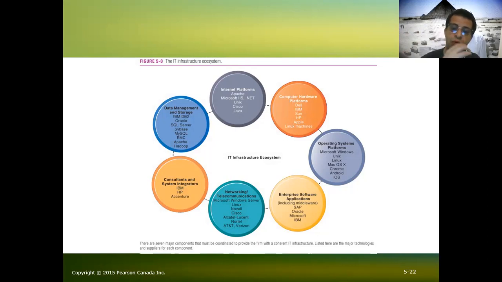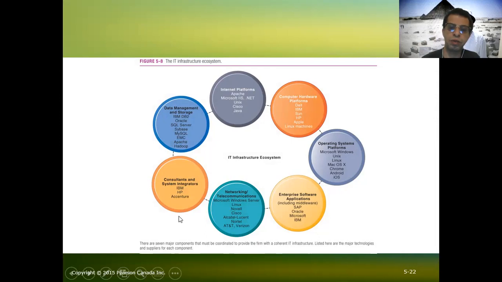And you have what you call the enterprise software applications, including the middleware like SAP, Oracle, Microsoft, and different applications of IBM, which are all connected through networking and telecommunication, like Microsoft Windows Server, Linux, Novell, Cisco, Alcatel, Nortel, AT&T, Verizon.